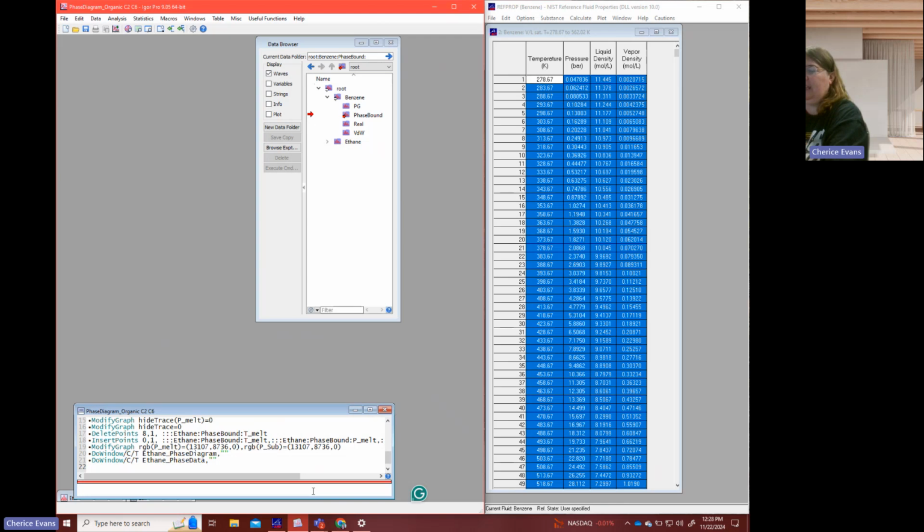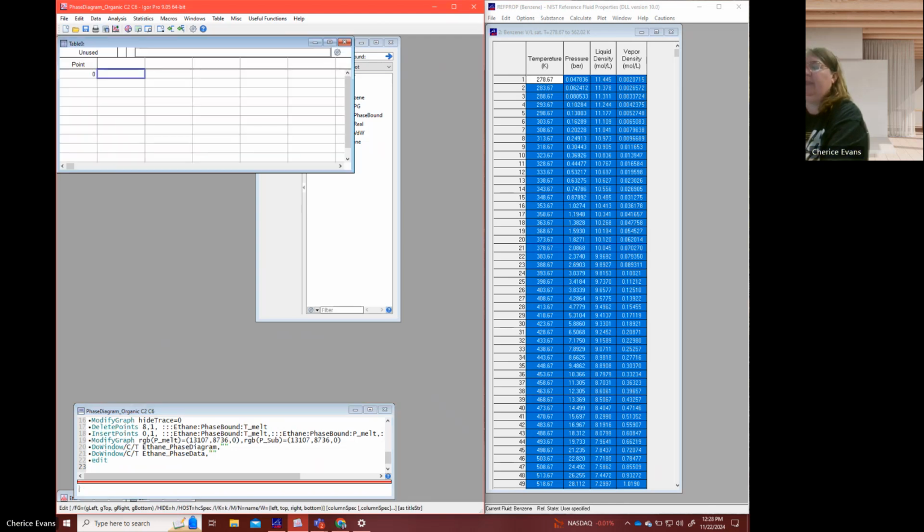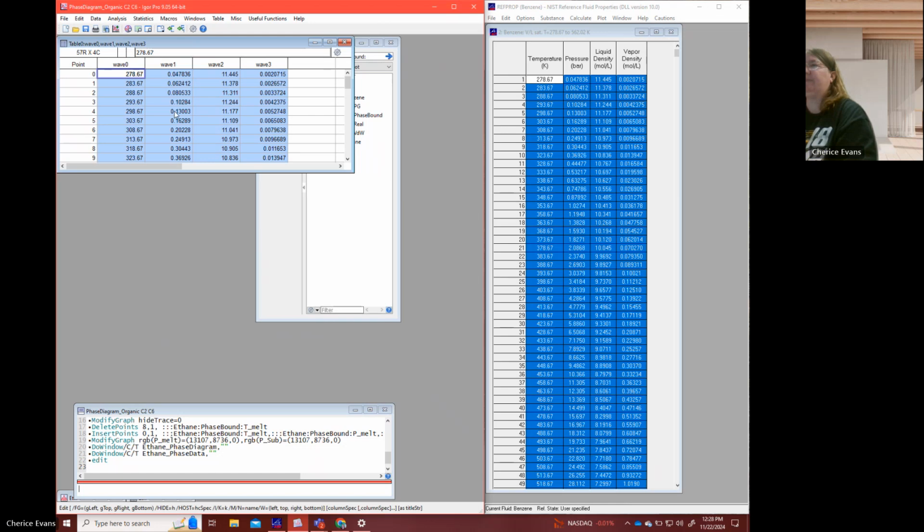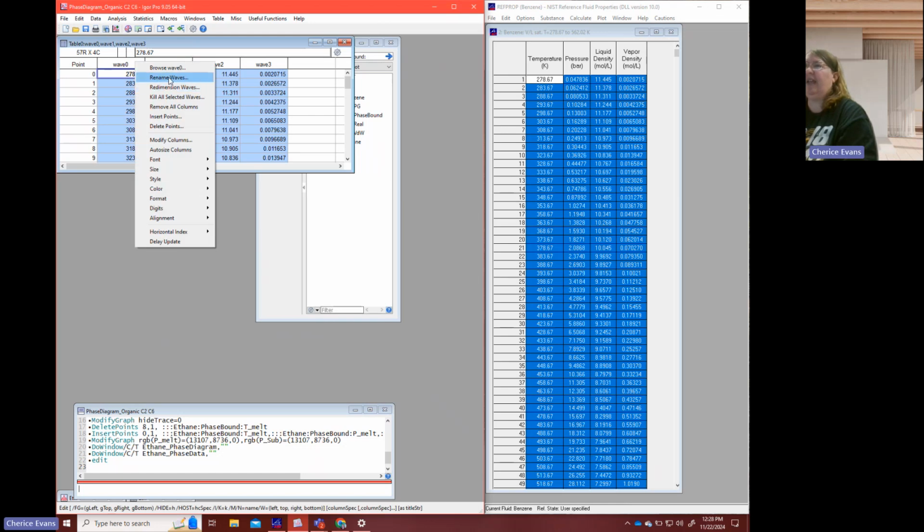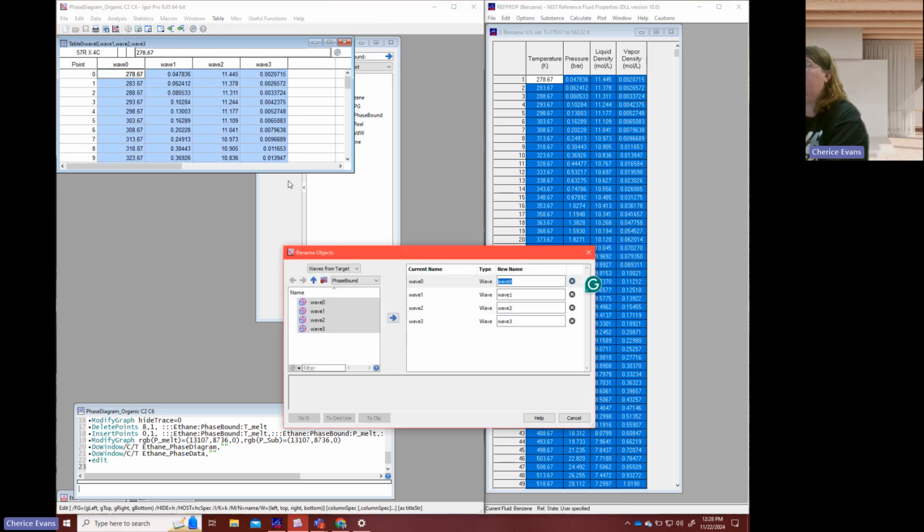Again in Igor, create a table and paste, and again create the names. So this is T vapor, P vapor, density of liquid. I think I did put vaporization density, vapor for vaporization.